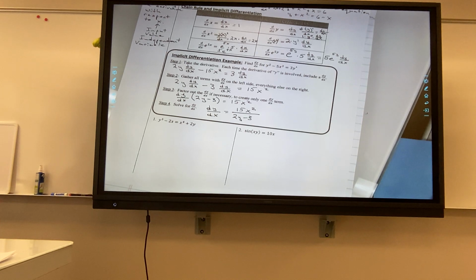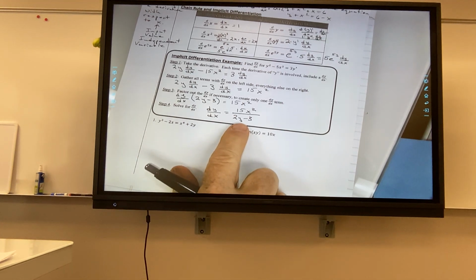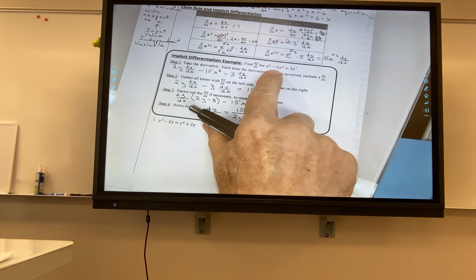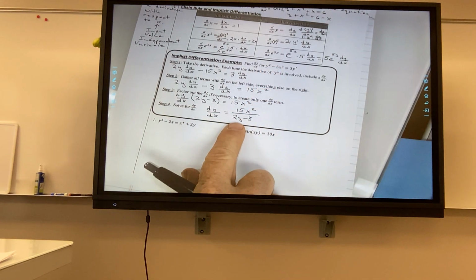Is everybody okay with the algebra? I think it makes sense. What does that mean? If I want to know the slope of the tangent line on this crazy curve, I need to know both x and y to be able to plug them in. Does that make sense?